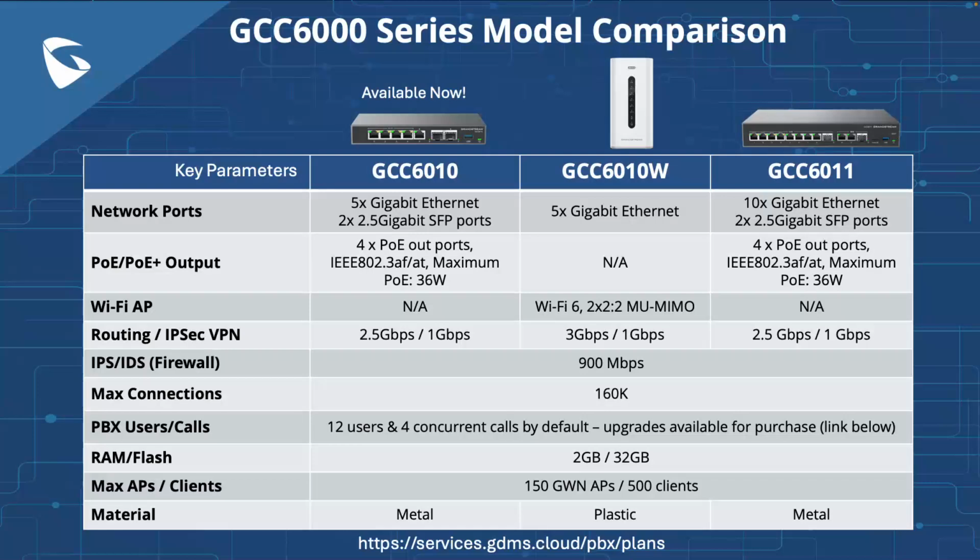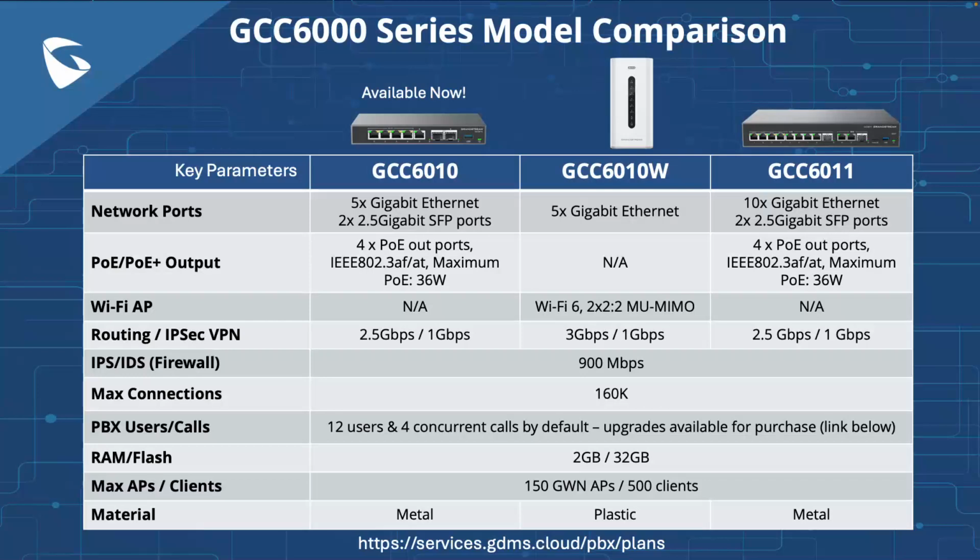So with the GCC 6010W, this is going to provide 5 gigabit Ethernet ports, the dual band Wi-Fi 6 access point, a VPN router, next generation firewall, and again, the IPPBX with 12 users and 4 concurrent calls by default.